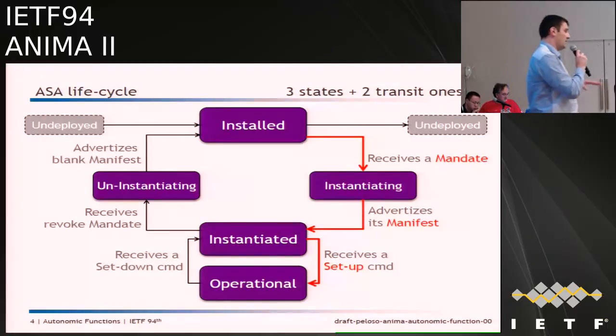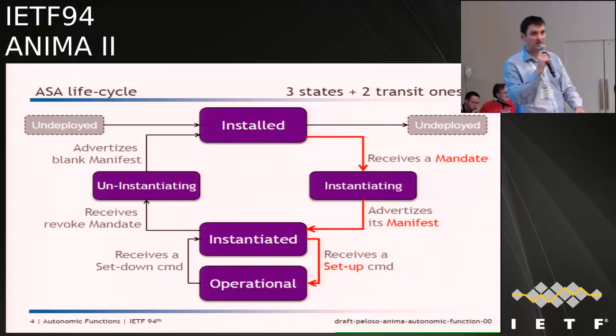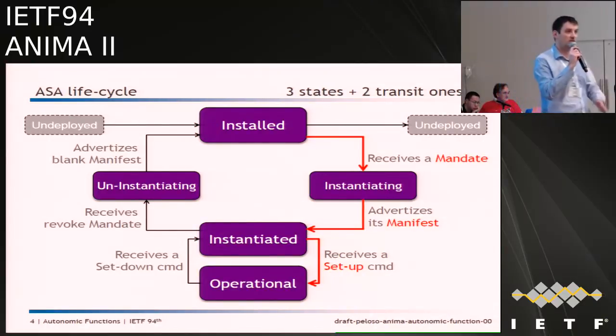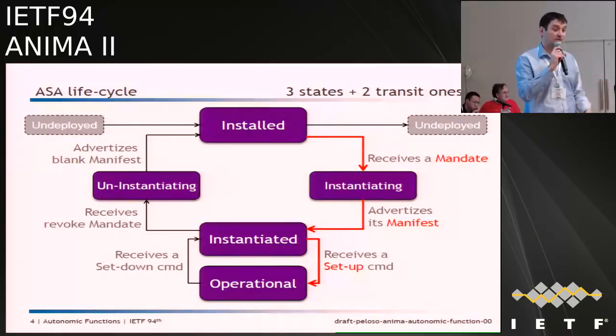Possibly there are some areas on which he wants to have load balancing, and on some other areas he wants to have some energy efficiency. So there are all these strategies, and you have to be able to set up and set down these autonomic functions. At least for a trust reason, if something goes mad, you want to be able to unplug it.